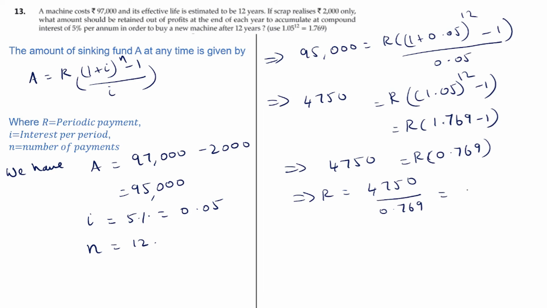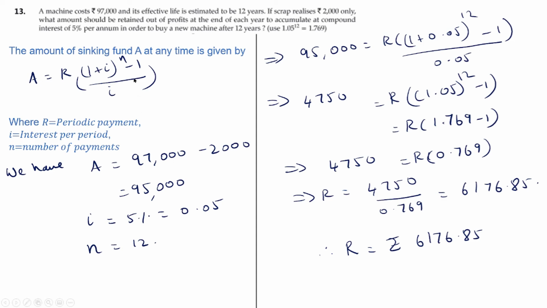Just when we simplify, we get it as 6,176.85. Therefore, R is rupees 6,176.85. So the amount that should be retained out of profit at the end of each year is rupees 6,176.85.